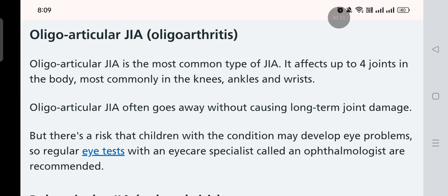But there is a risk that children with the condition may develop eye problems, so regular eye tests with an eye care specialist, called an ophthalmologist, are recommended.